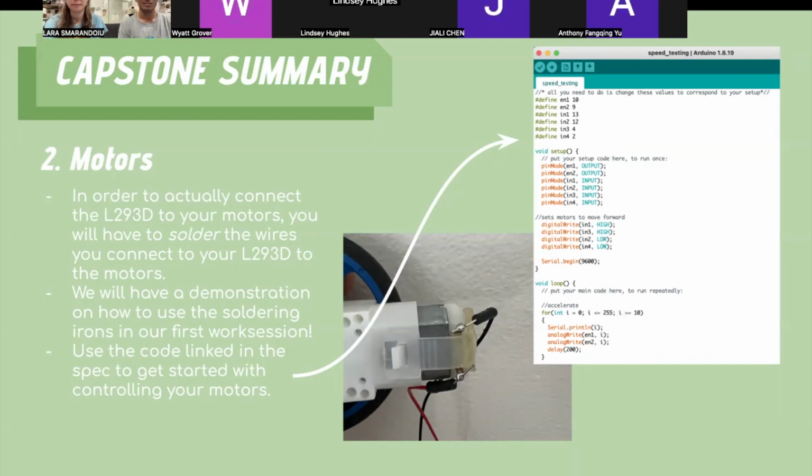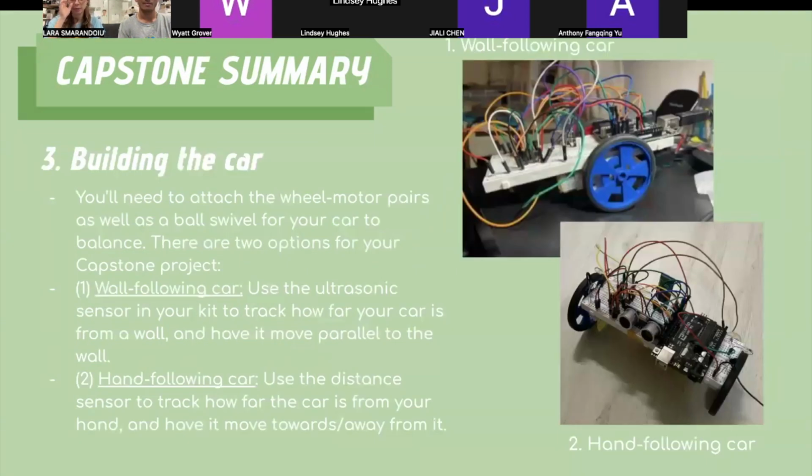Yeah. And then next we have to actually build the car. As we mentioned earlier, we have the wall following car and then the hand following car. Both of them will need a ball swivel. We'll give you those parts of the ball swivel to make the entire car balance. And both of them will use the ultrasonic sensor, but the only difference in the wall following car is that it'll also use IR.